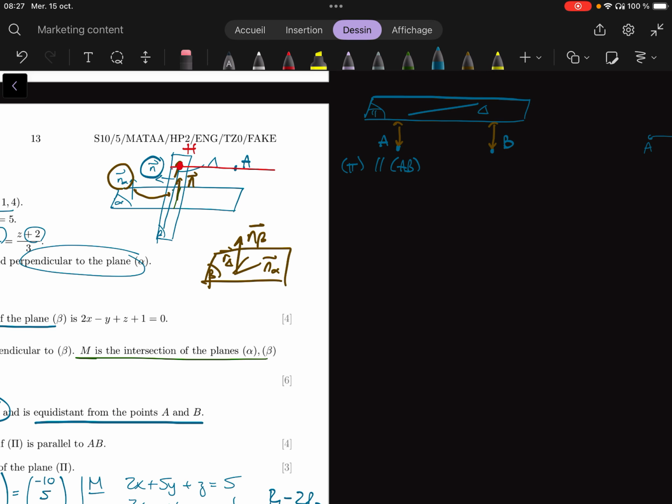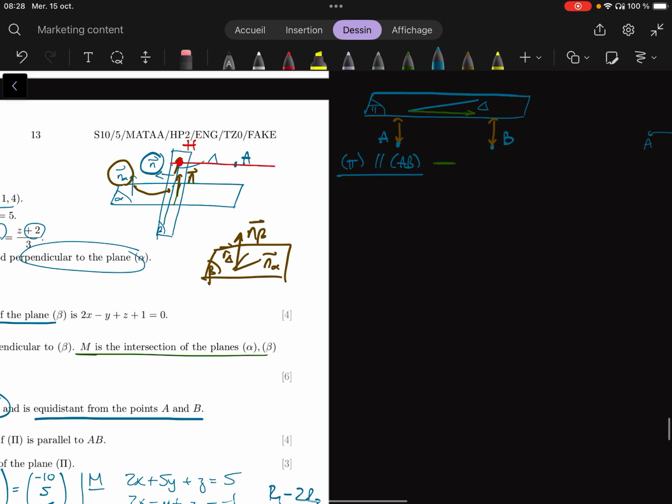If pi is parallel to AB, this means that we have two vectors we can use to construct the equation of the plane. We can use vector AB, or more precisely, a vector that is parallel to AB, let's say this green thingy, and also the direction of delta.